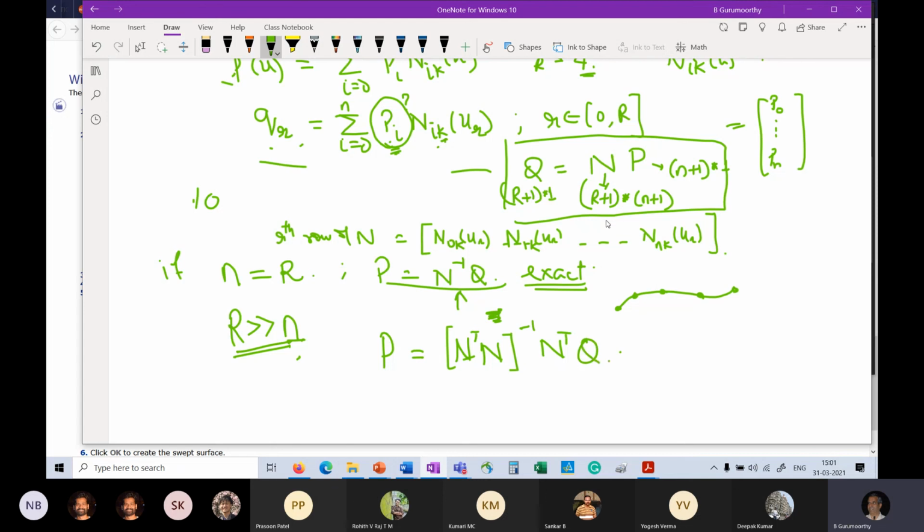Basically I multiply both sides by n transpose. So n transpose n becomes a square matrix, so I can invert that and I get this as my solution.